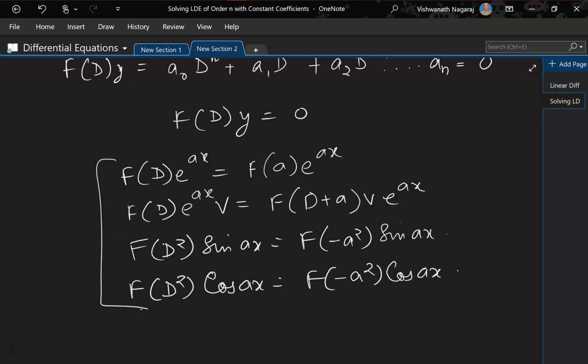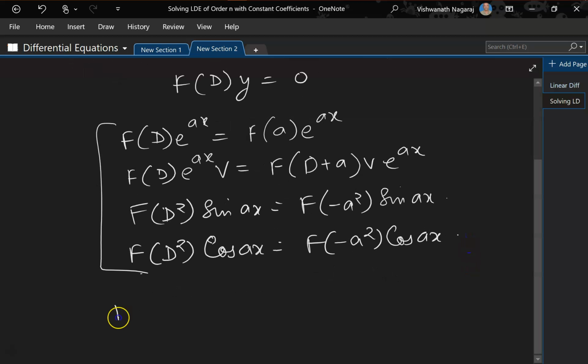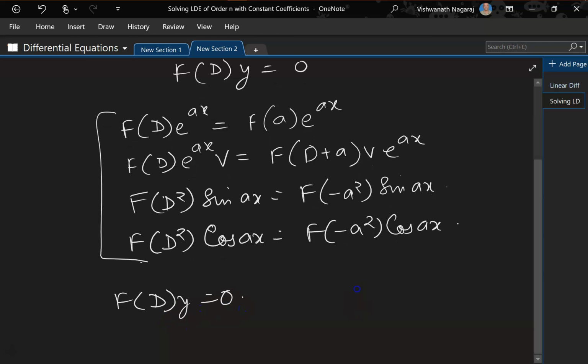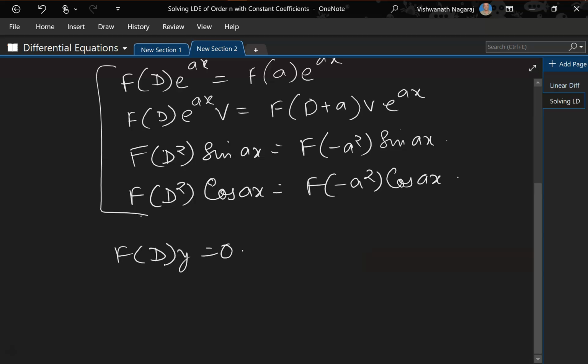So now what we have to solve is this f of D y equal to 0, and we can solve it by saying, okay, let y is equal to e^(ax). Now just to keep it different, let's say this is mx and there is a coefficient for this, say c.